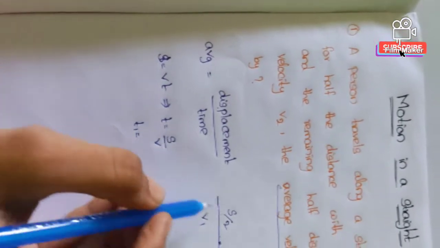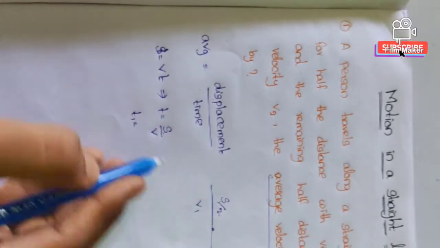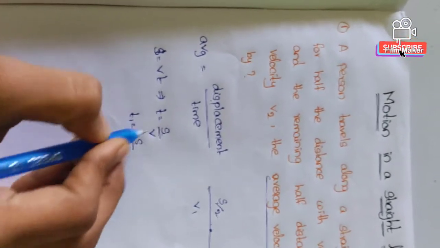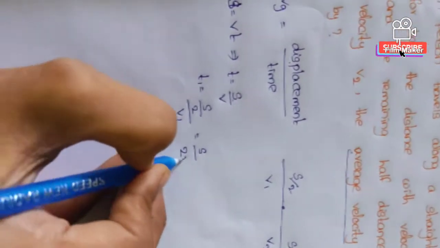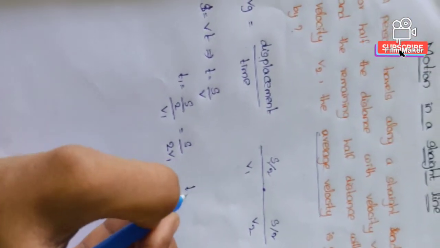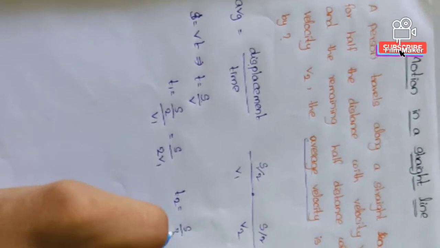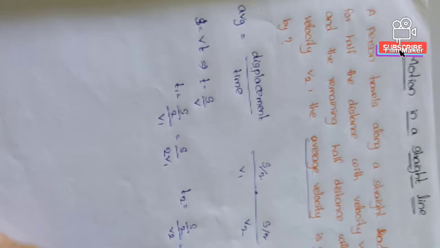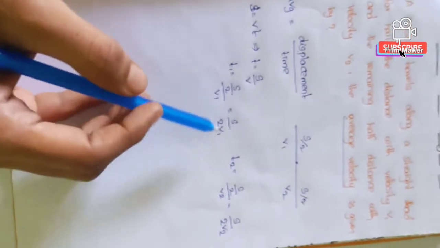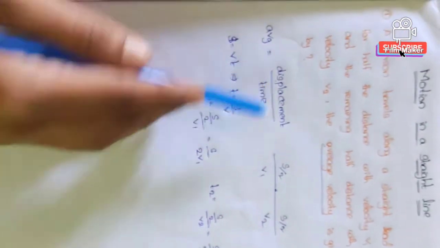T1 is equal to s by 2 by velocity v1, that is s by 2 v1, and T2 is equal to s by 2 by v2, that is s by 2 v2. Now let us substitute these values in the given formula.